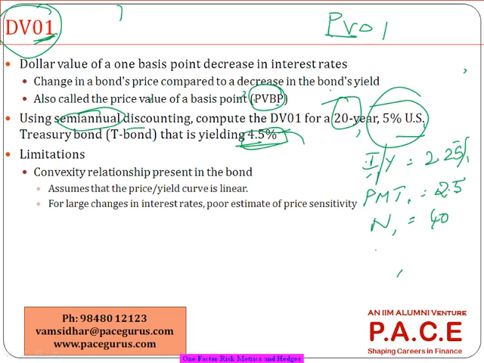From here I am trying to compute the present value of the bond, which should give me the initial price of the bond.